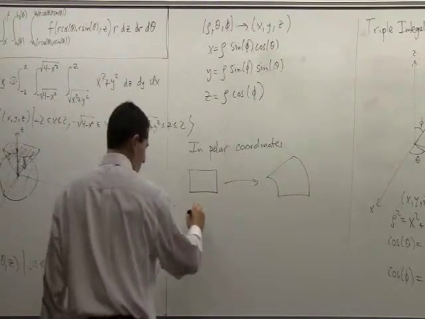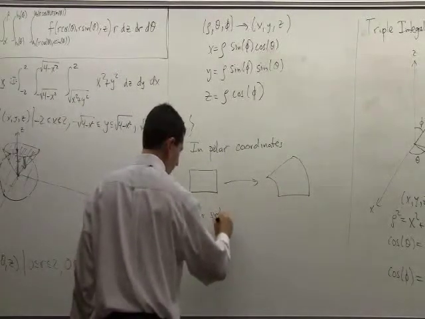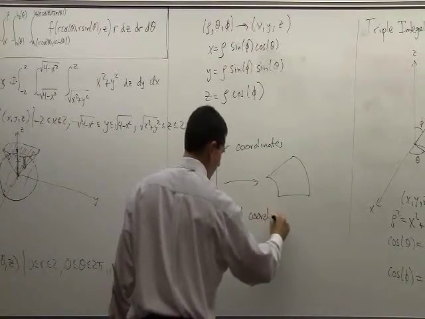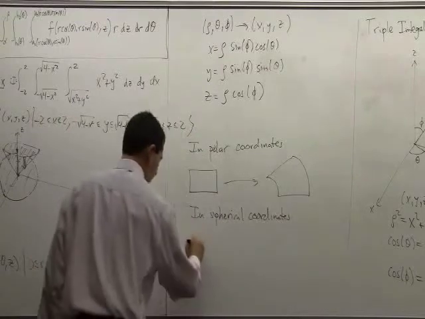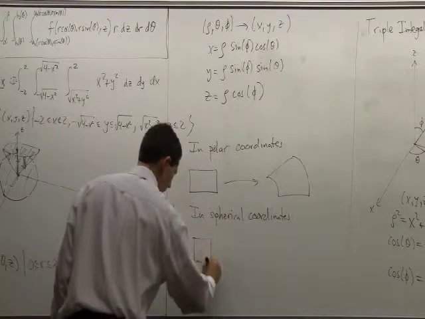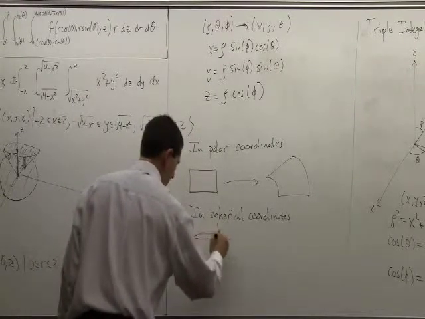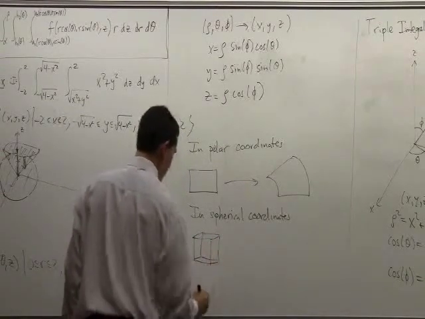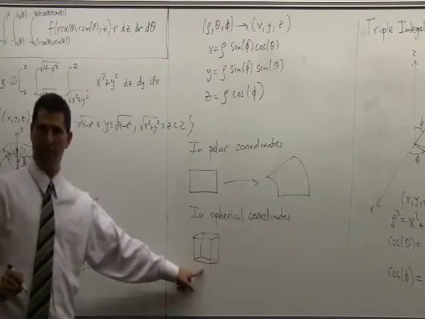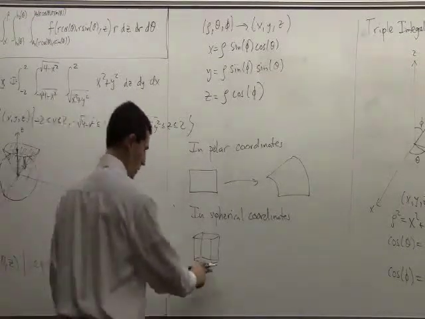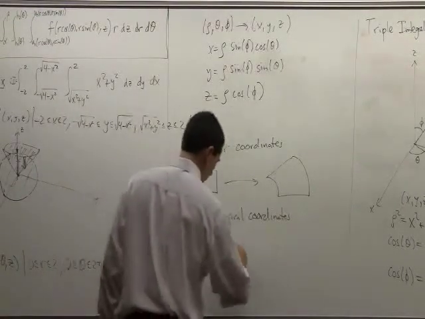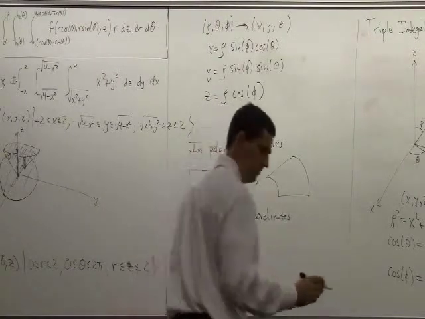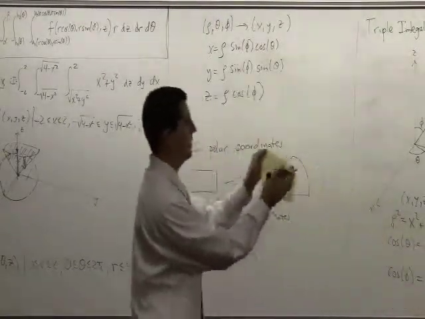In spherical, we're going to take the cubes from rectangulars, and we don't want to integrate over those anymore. We want to integrate over the spherical rectangles, and those might look like, well, I have a really nice picture here.